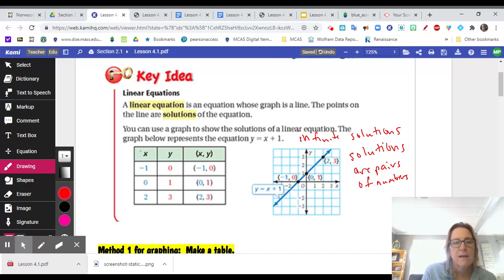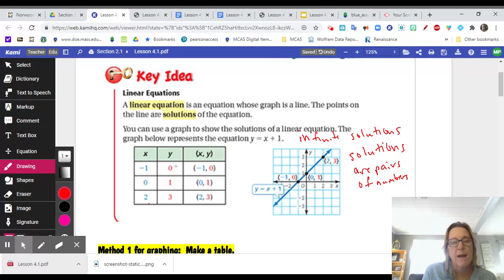So here in this column X, they, meaning whoever wrote the book, chose input values of -1, 0, 2. I want to emphasize they could have chosen anything. They happened to choose those numbers. Then using those input values for X, they follow the equation, add 1. So -1 plus 1 is 0. 0 plus 1 is 1. 2 plus 1 is 3.